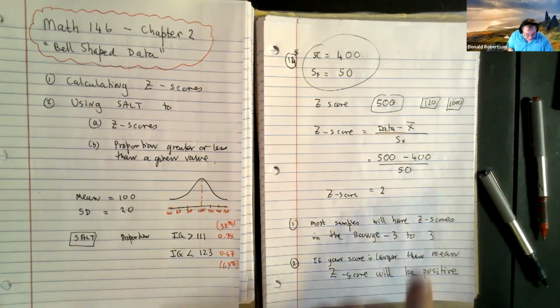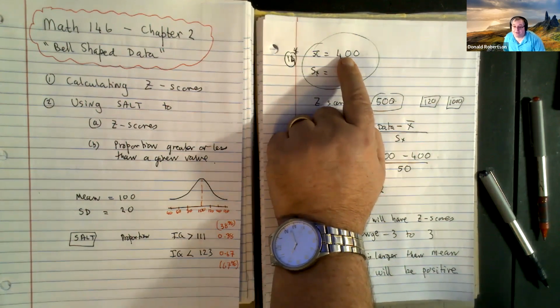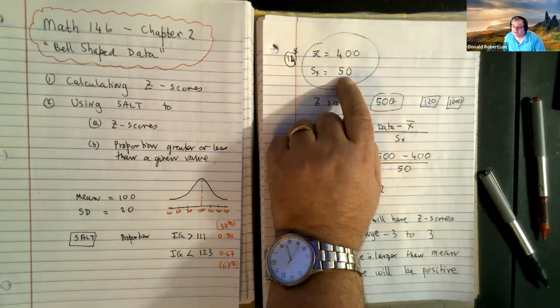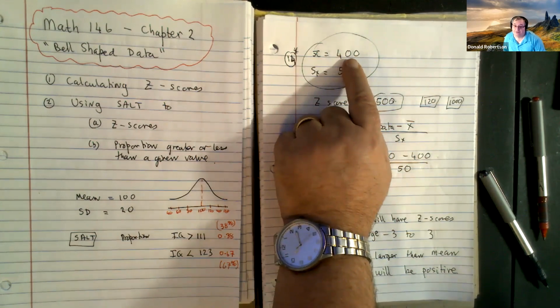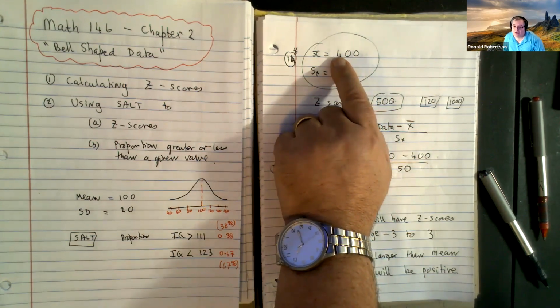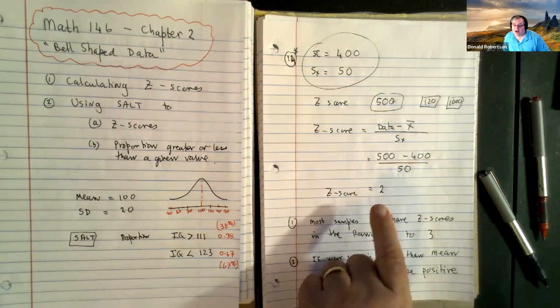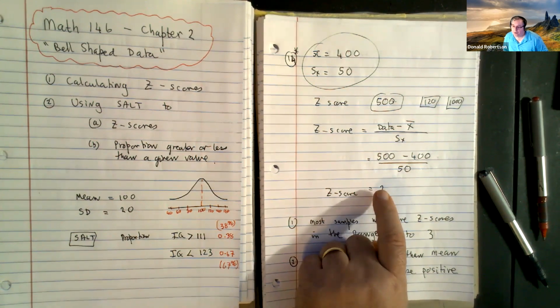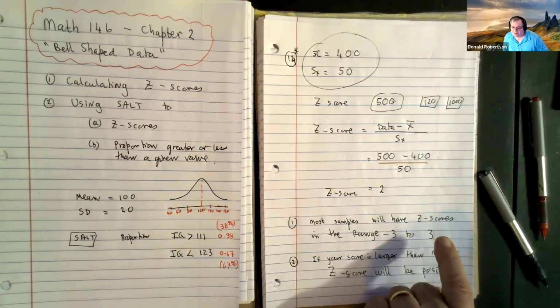So can you imagine this story up here, that the average is 400 and the standard deviation is 50? If I try to find a z-score of any number that's bigger than 400, I know that that z-score is going to be positive something. I also know that typically the z-score is between -3 and 3.